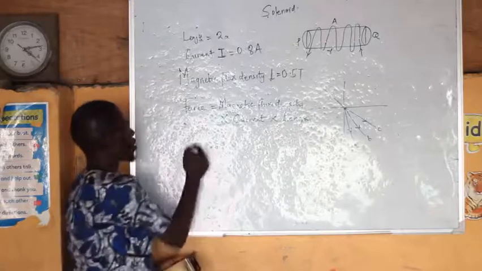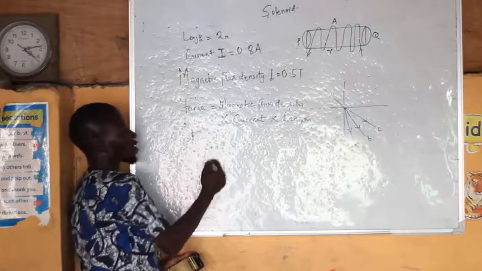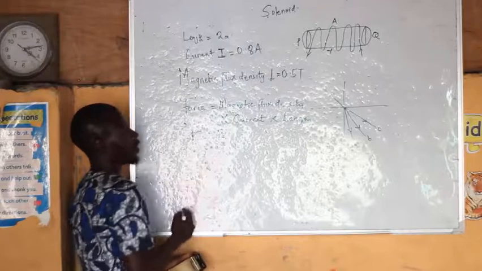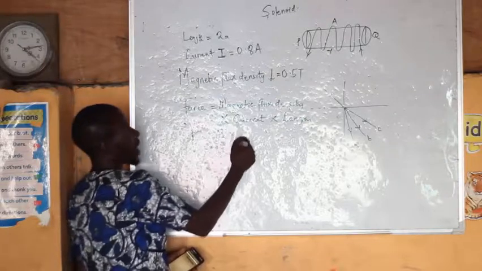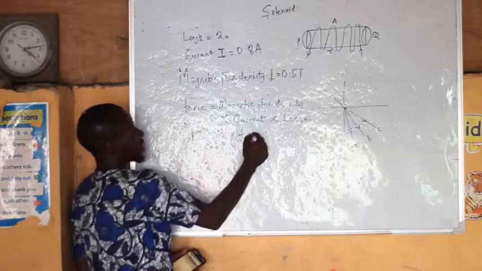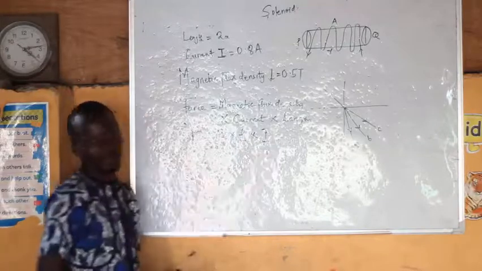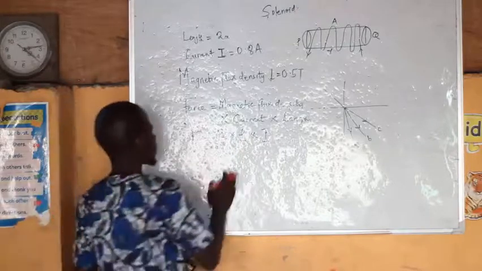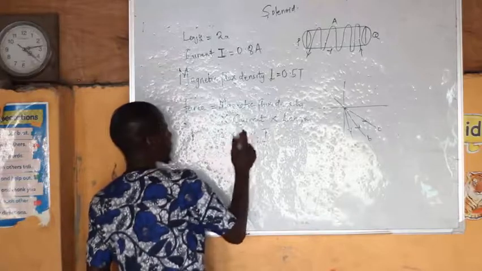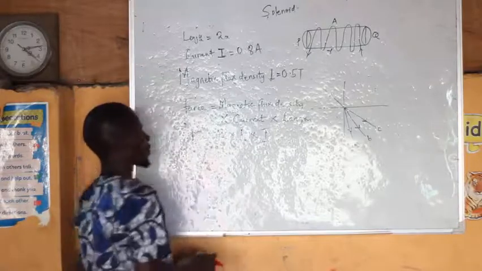The abbreviation is force equals B times L times I. Is that clear?